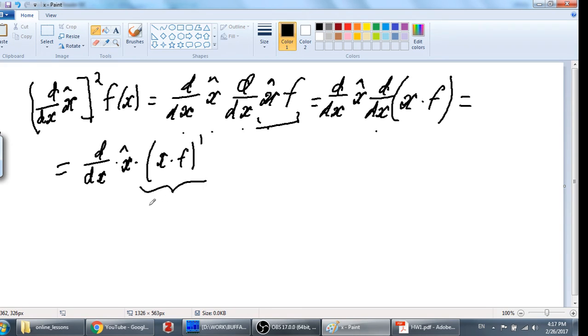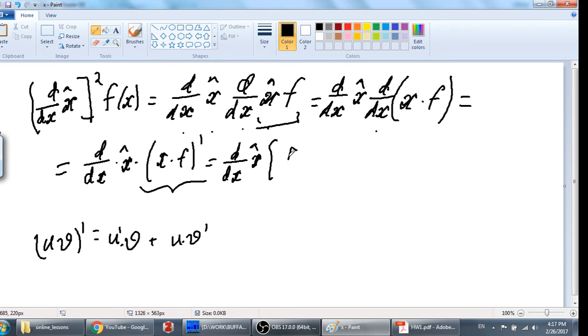And if you remember the rule, (uv) prime is u prime v plus u v prime. You basically distribute this prime here and there. Now that gives you d over dx, x as an operator, acting on f plus x f prime.